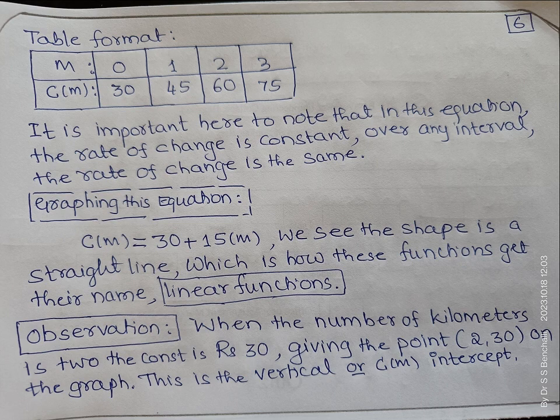Similarly, 2 kilometers, 60 rupees. 3 kilometers, 75 rupees I have to pay. It is important to note that in this equation, the rate of change is constant over any interval. The rate of change is the same.